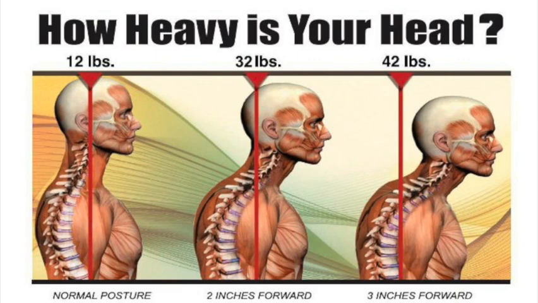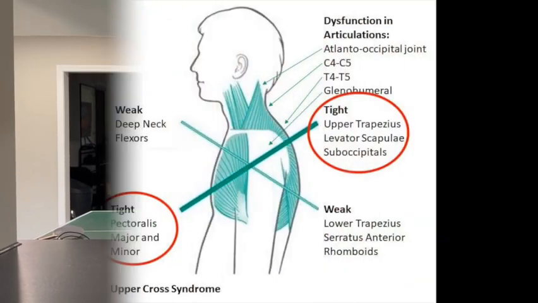Now the neck in regular alignment supports about 12 pounds of your head, but each degree of neck flexion increases 10 pounds of additional pressure. Now that I've focused on what upper cross syndrome is, I have some stretches and strengthening exercises to help combat upper cross syndrome.